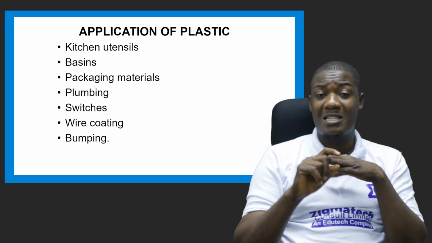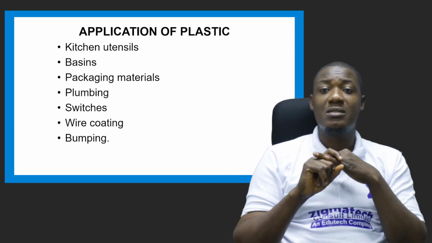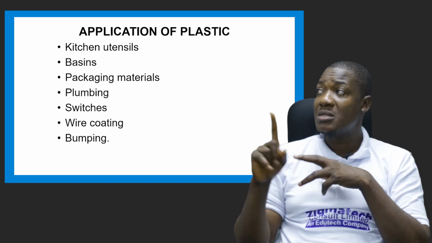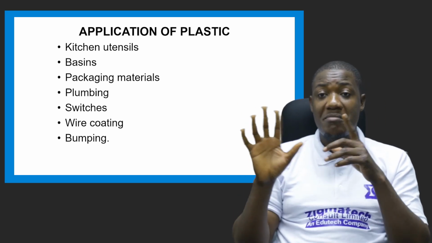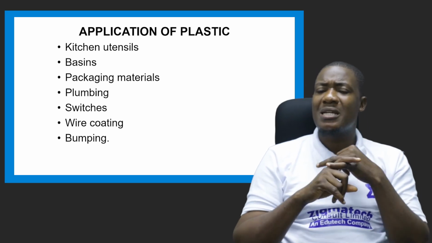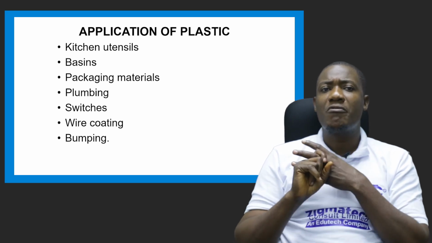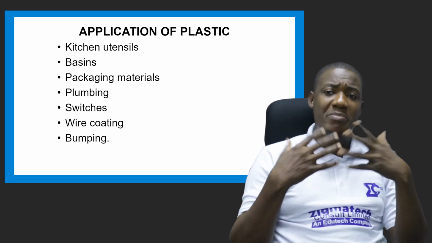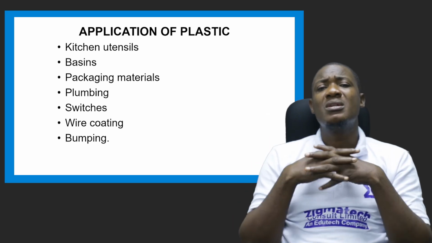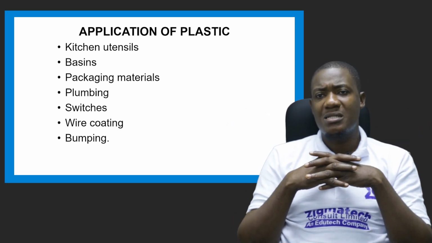That PVC pipe is a plastic. The switches in our homes are made of plastic. Car bumpers are plastics. The coating of wires is plastic. Some basins and packaging materials are all products of plastics.